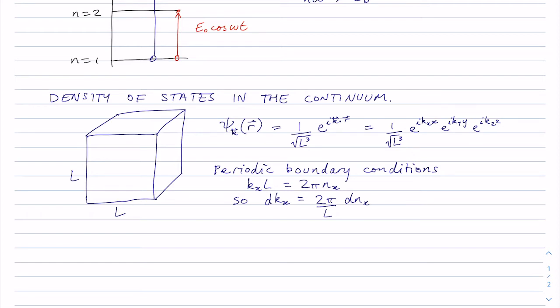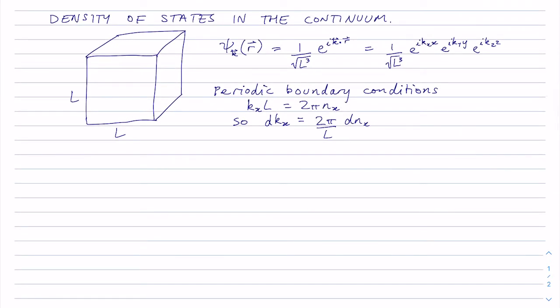Now we want to count up all of the possible states. To do that, we count the states by integrating dN equals dn_x dn_y dn_z, which equals L over 2 pi cubed d cubed k. And that is the density of states around some little volume interval of k.